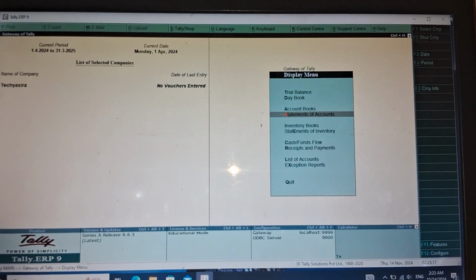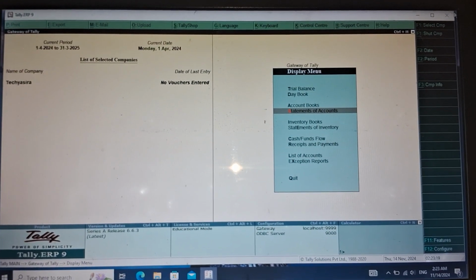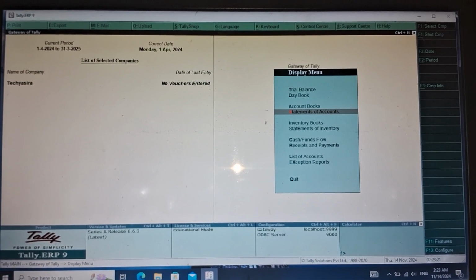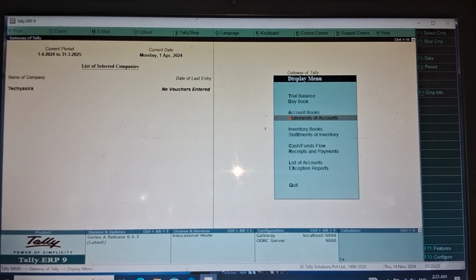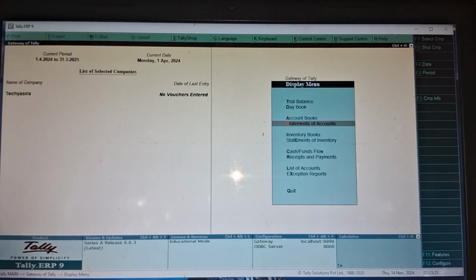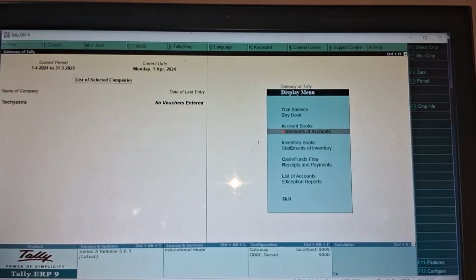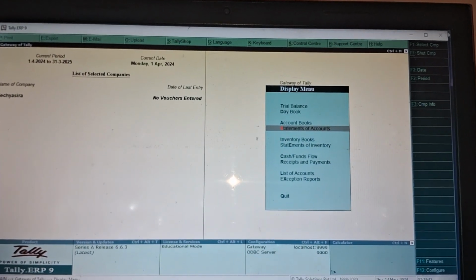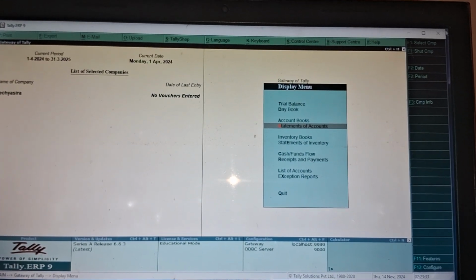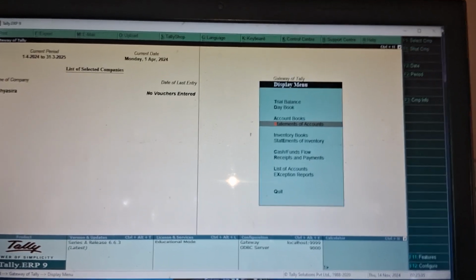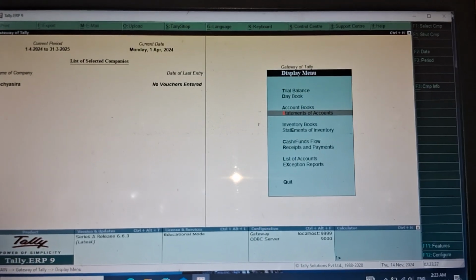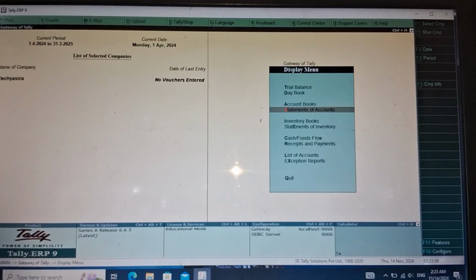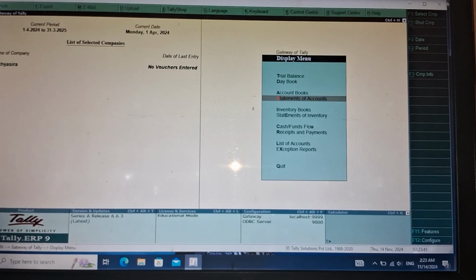This is very important. Just have a look once more. It is a statement that is a formal record of the financial activities and position of a business, person, or other entity, whichever you wish to see over here. Relevant financial information is presented in a proper, structured manner and in a form which is easy to understand. Very simple. So these are statements of accounts.